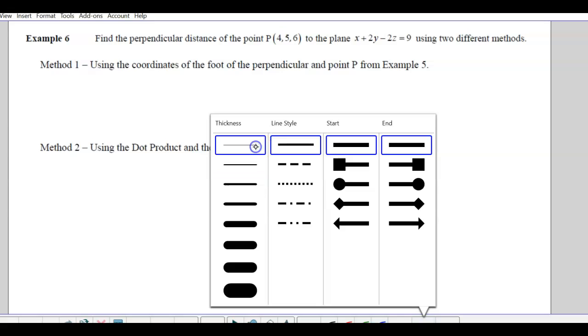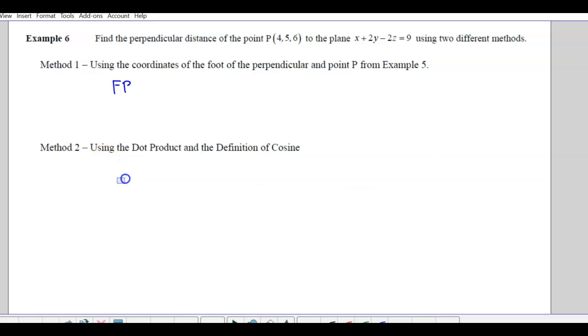So I'll call that F for foot. So FP is going to be 4, 5, 6 minus 43 ninths, 59 ninths, and 40 ninths. So what is that going to be?